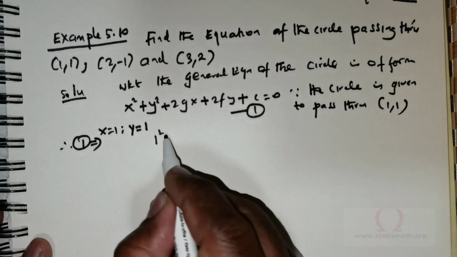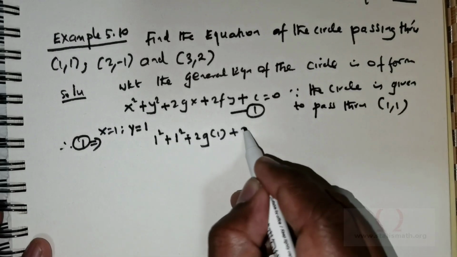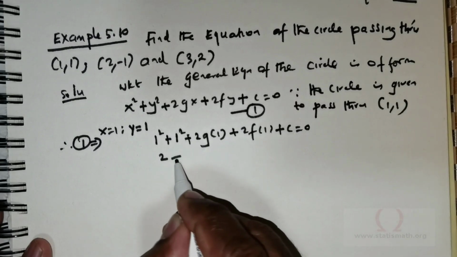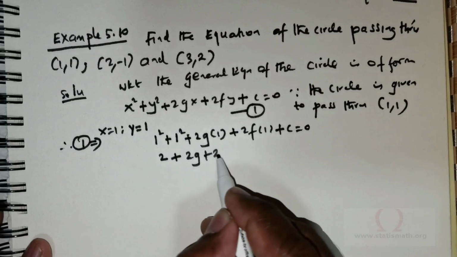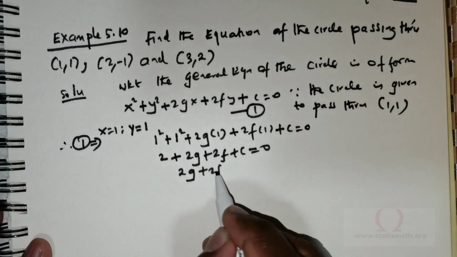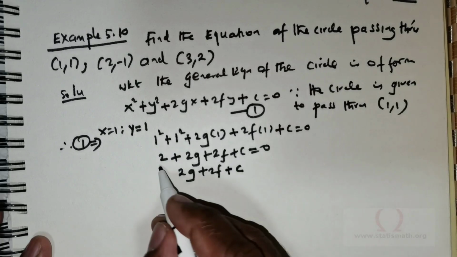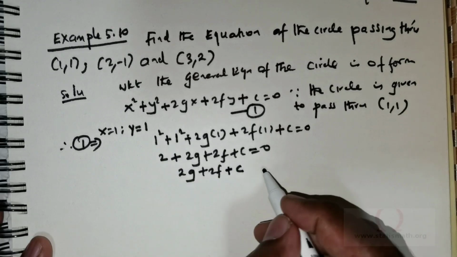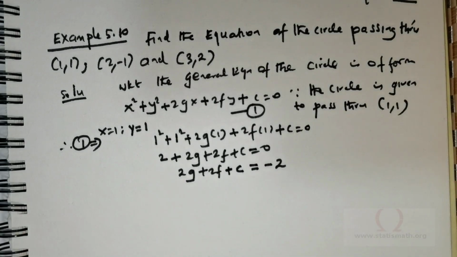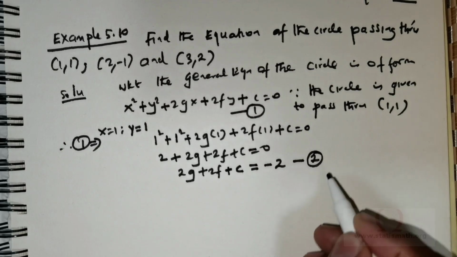So that's going to be 1 squared plus 1 squared plus 2 times g times 1 plus 2 times f times 1 plus c is equal to 0, which is 2 plus 2g plus 2f plus c is equal to 0. So 2g plus 2f plus c is equal to -2. I'm going to be taking this as equation 2.